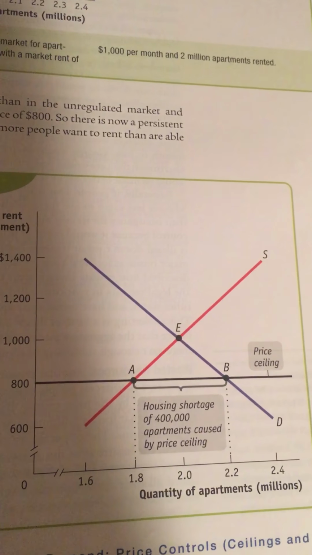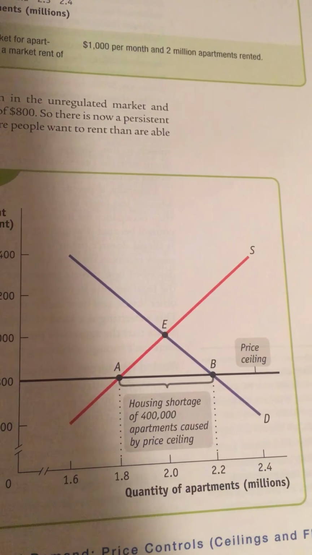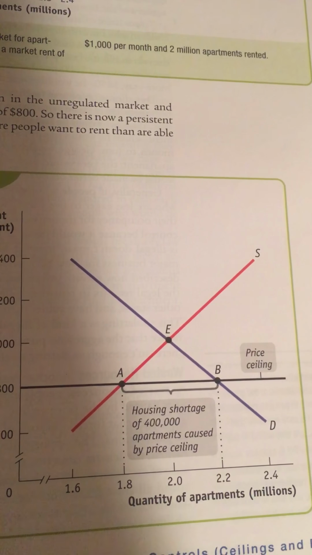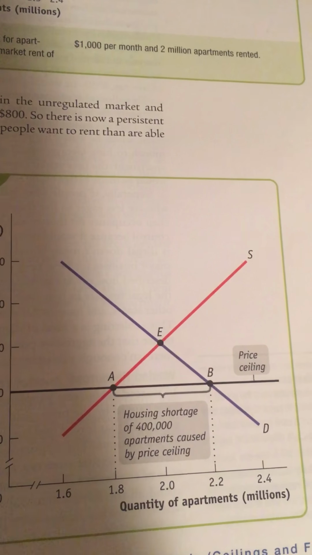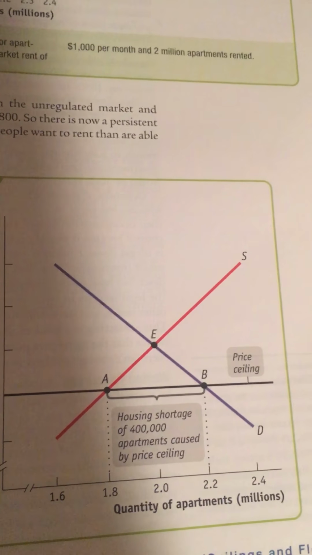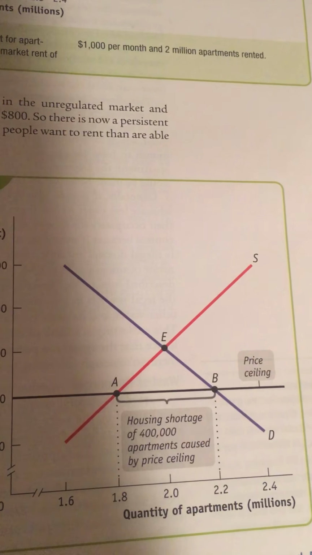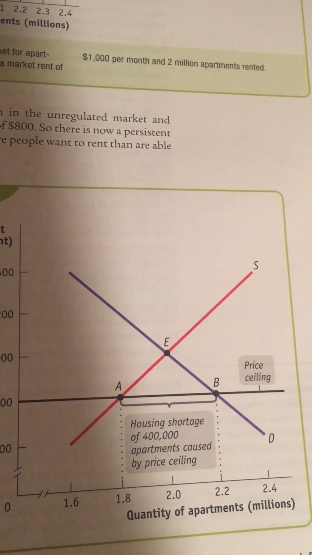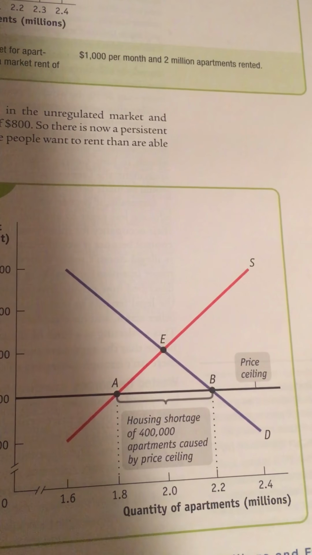This graph shows the effect of the price ceiling represented by the line at $800. At the enforced rental rate of $800, landlords have less of an incentive to offer apartments, so they won't be willing to supply as many as they would at the equilibrium rate of $1,000.